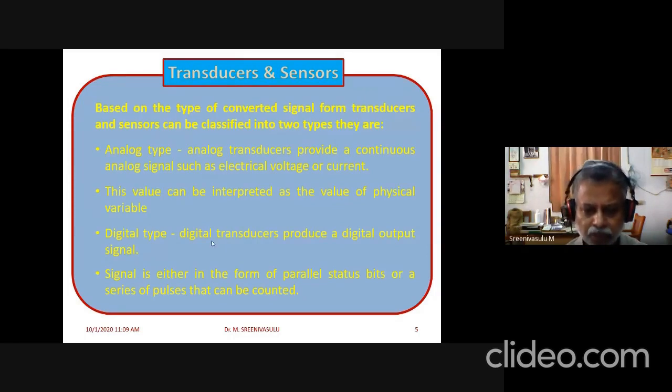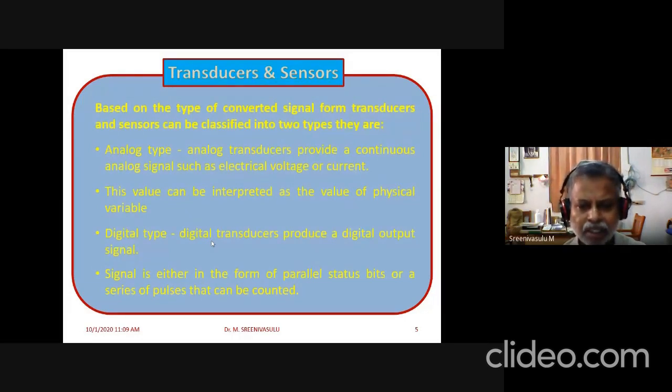Then if that particular value is coming in the form of digital signal, digital output, that is going to be referred under digital type. Maybe voltmeters and ammeters, having some kind of needle, and that needle movement, if you try to refer, temperature indicators also, if you have a needle that is trying to point towards a value, all such things are going to be referred under analog type.